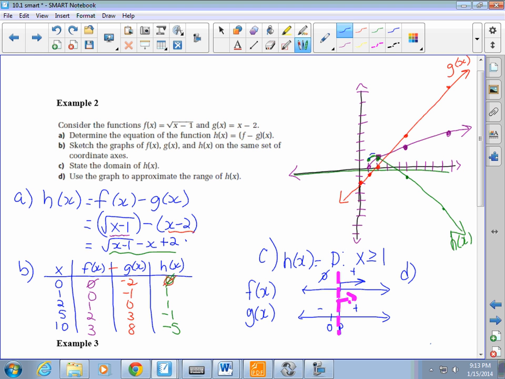So I could say for this one that my range is at about everything less than or equal to, could be 1.5, could be 1.6, could be a little less. So whatever value you pick, because it says approximate. So even if you put a 1.2.